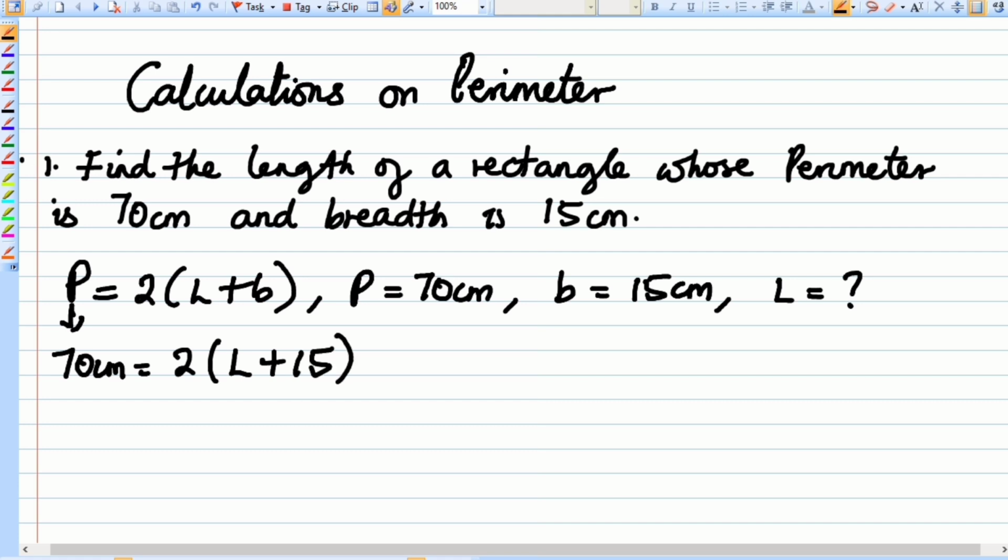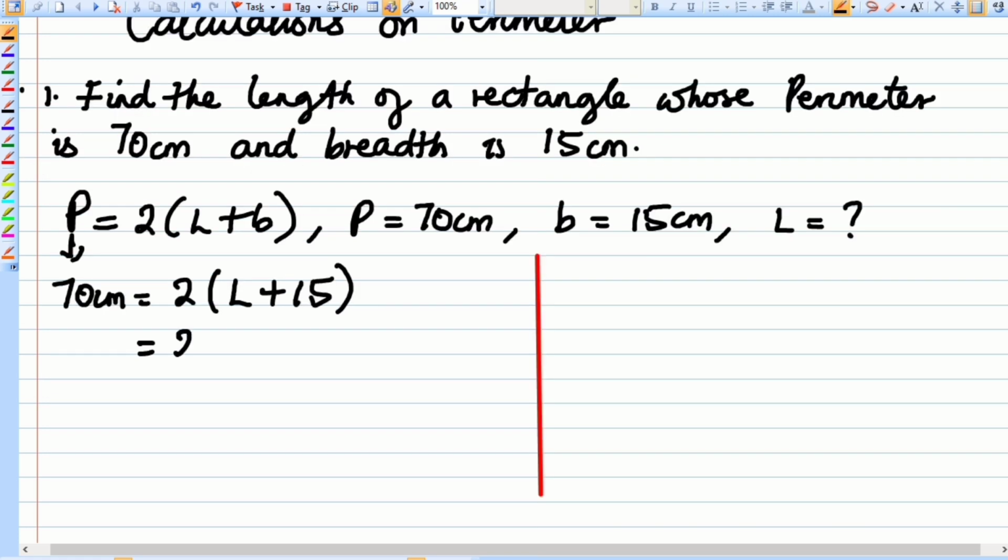Now we can solve this in many ways. We can first of all expand by opening the bracket, or we can just cancel 2 and 70 at the same time. So we have 2 times L, there is 2L, 2 times 15 is 30. So this should be 30 cm. So we collect like terms.